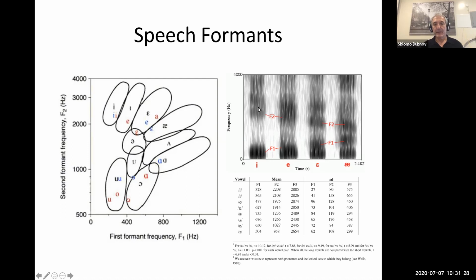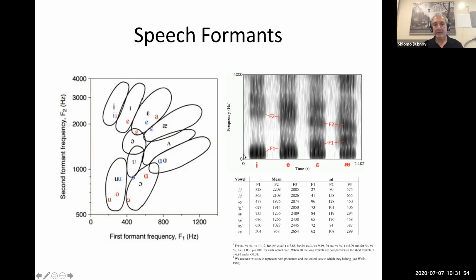So each pattern like this, if we ignore what happens in the higher formants, is a point in this space. And you can see that, for instance, E has a low first formant and a high second formant. The first formant is about 200, 300 hertz here.